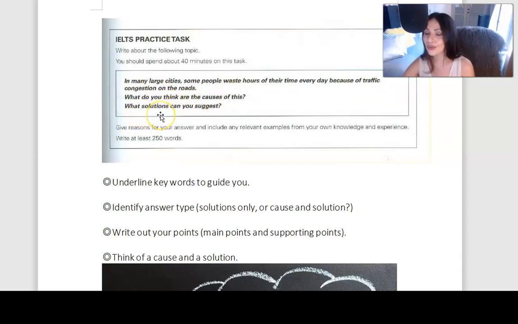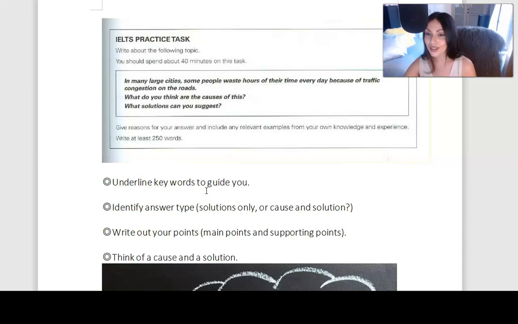These are the most important key words in your task that would be a reminder for you to include all these necessary points within your essay. Again, failure to include any of these points would result in a deduction of marks. Right, so underline the key words.